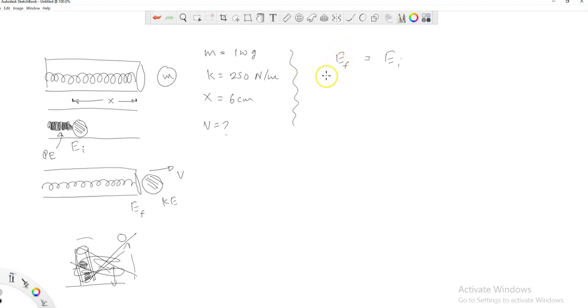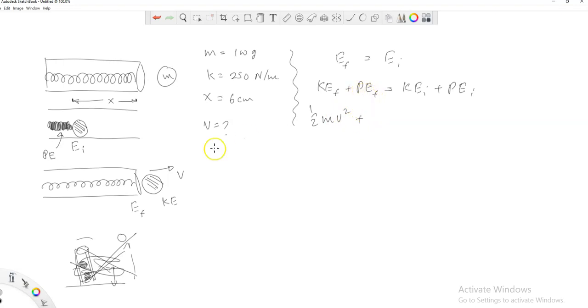Energy final. We have kinetic energy final. This thing is moving, so we have KE final. The spring has some energy, so KE final plus potential energy final equals KE initial plus potential energy initial. KE final, if it is moving with a speed v, is half mv squared.